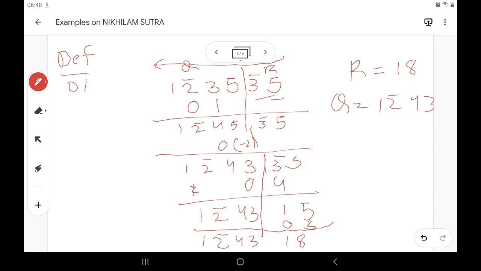How do you get the actual number? You get the actual number by simply solving its expanded form. That is 1 into 1000 plus minus 2 into 100 plus 4 into 10 plus 3 into 1, which will be equal to 843.